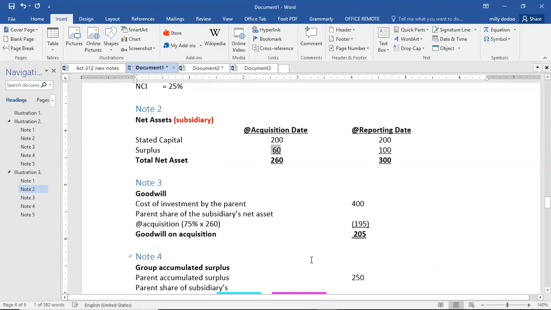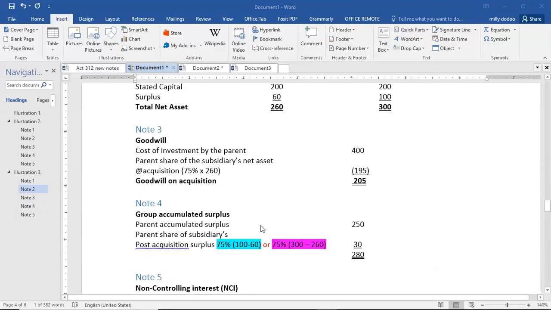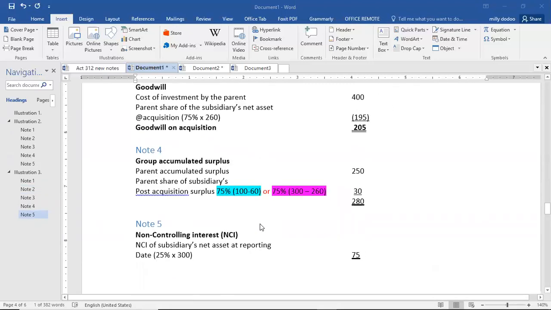Are you okay? So do 25% of the 200, 25% of the 60, and then 25% of the 40. When you add all, did you get 75?